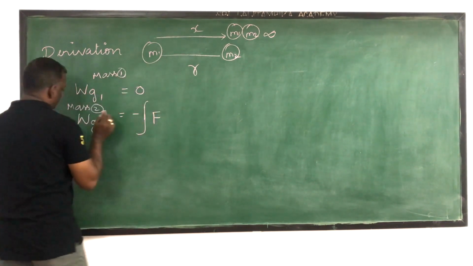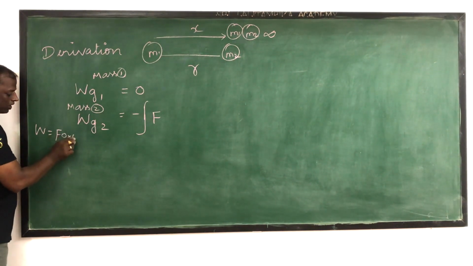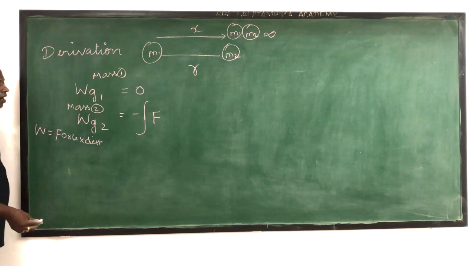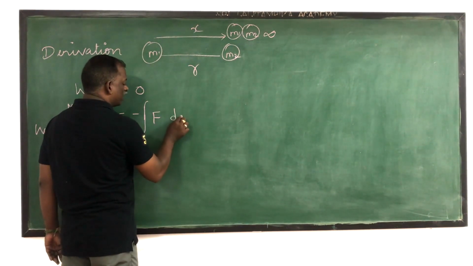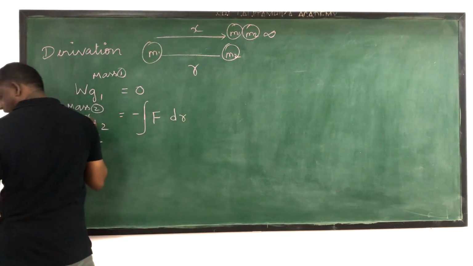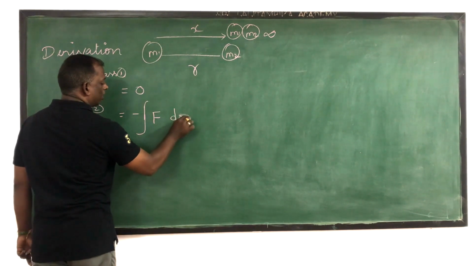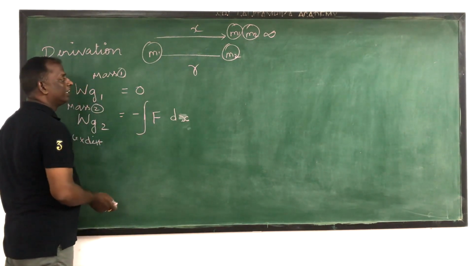So what is the work formula? Work is equal to force into distance. So F into we can state as dr, or in terms of x, that is F into dx.